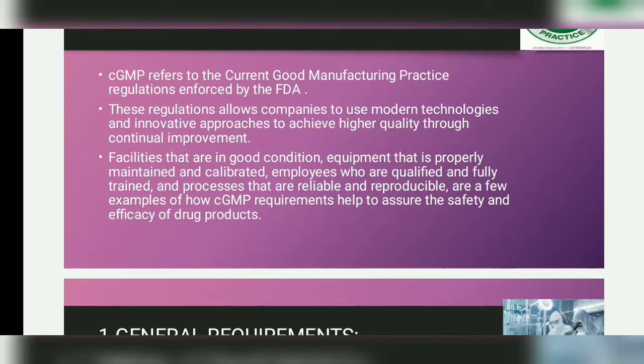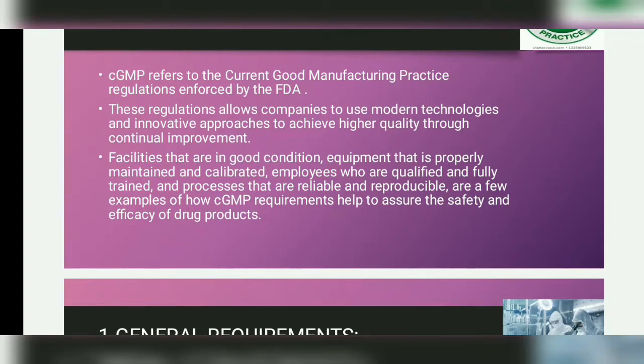Both GMP and CGMP certify quality assurance of products, but C specifies that products are finished in a more current manner, as GMP rules and regulations are constantly improving. Because CGMP uses modern technologies, the cost of CGMP is more as compared to GMP.